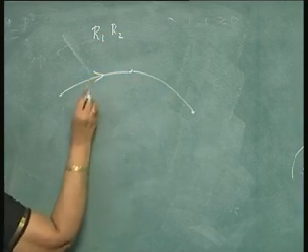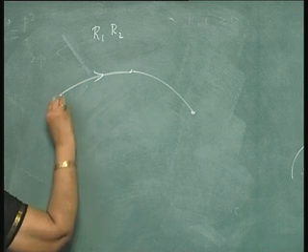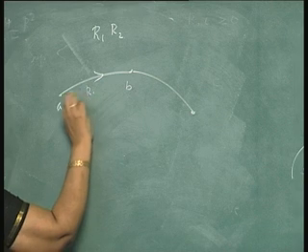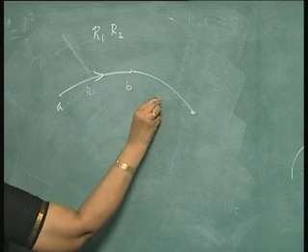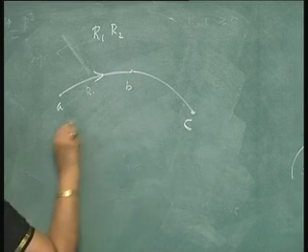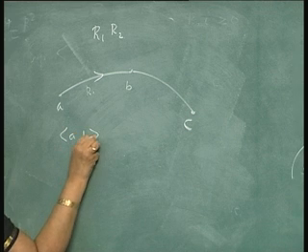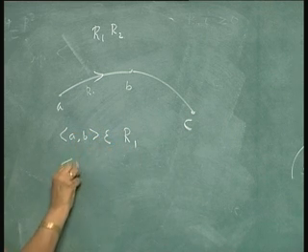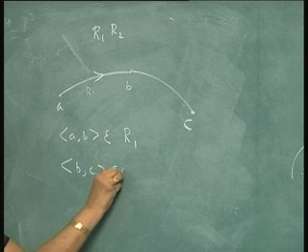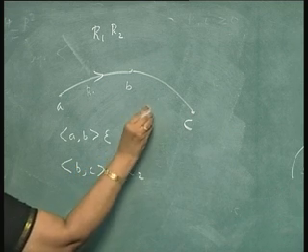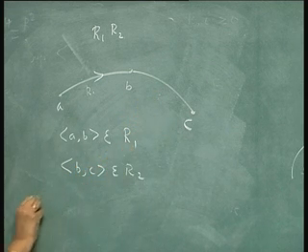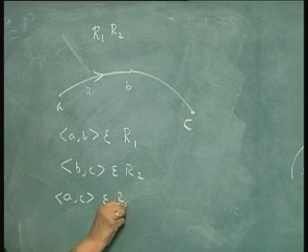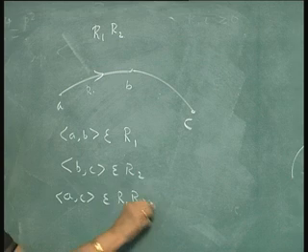If there is an arc representing R1 from A to B, and an arc from B to C, that is, (A,B) belongs to R1 and (B,C) belongs to R2, then by our definition (A,C) will belong to R1 R2.